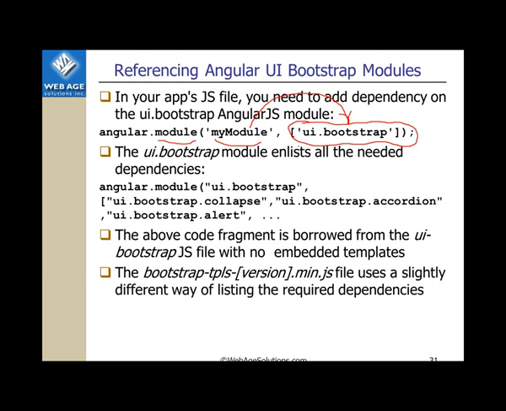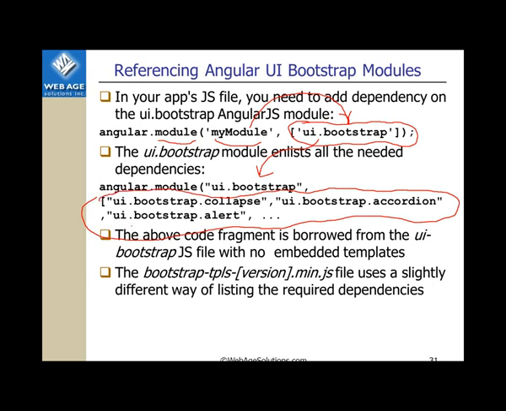It's an array, in square brackets, and it gives you a way to say, I would like to leverage all the functionality stored in those modules. That's the way AngularJS implements the dependency graph. And in turn, UI Bootstrap has a dependency, as you see, on all the elements, all the components that it needs. So it kind of bootstraps the whole thing.